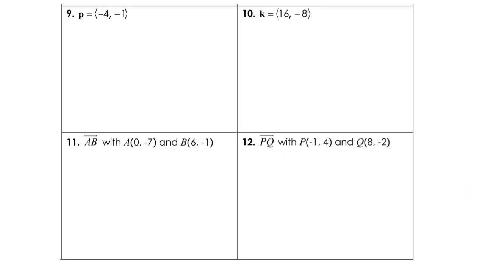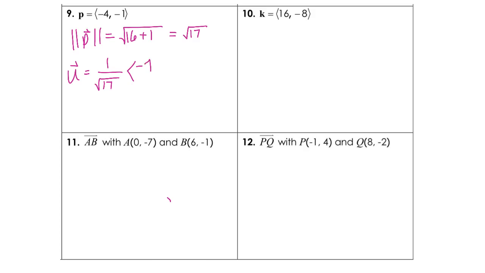Okay, using that same set again, the first thing we need to do is find the magnitude of vector p. And so that's going to be the square root of 16 plus 1. So we're going to get the square root of 17. And so now we're ready for our unit vector. 1 over the square root of 17 times negative 4, comma negative 1.